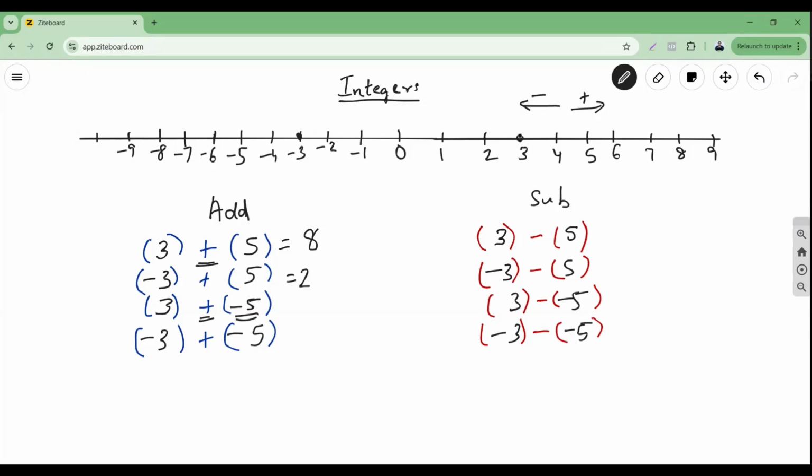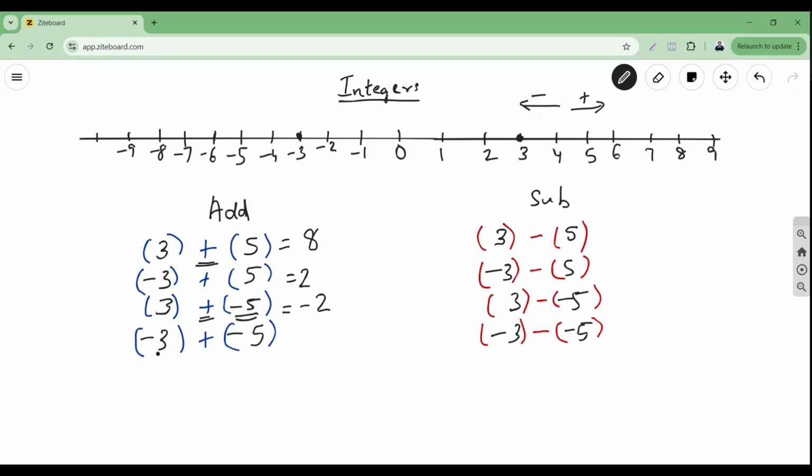So though I start from 3 and it's an addition, since the integer is negative, I go to the left side. 1, 2, 3, 4, 5. So it's negative 2 is the answer. I hope you're understanding how it is happening. Positive means I go to the right side. Negative means I go to the left side.